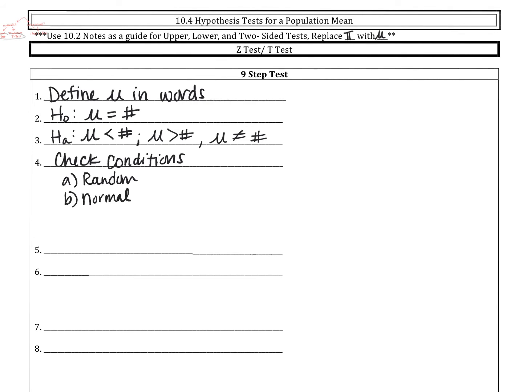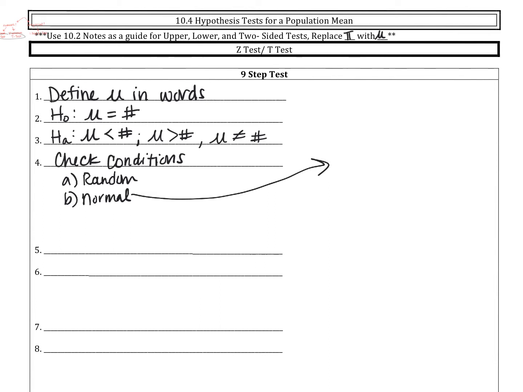I'm gonna let you guys catch up because we're gonna spend a minute on this normal situation. There are 3 ways to check normality now. So we already know 2, we're gonna add another one, okay?